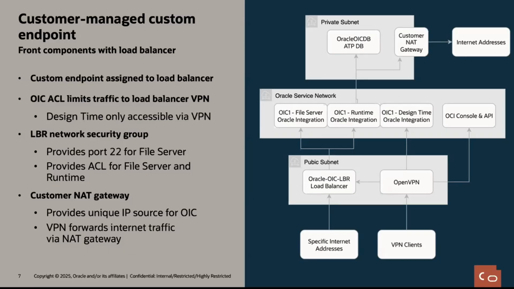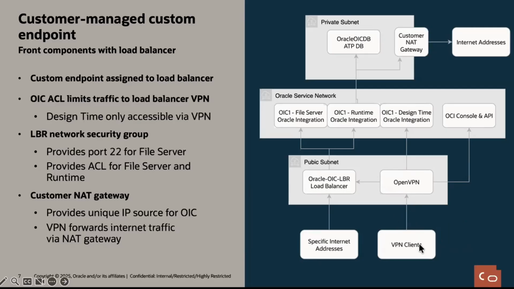What is important, though, is that you need to engage your networking team, because if, for example, you've got a Fast Connect going on here with private peering so that you're dropped onto a VCN in your OCI tenancy, you need to make sure that your networking team adjust their boundary routing protocols, BGP, to make sure that the public internet address of the design time is routed over the secure connection and not over the public internet directly.